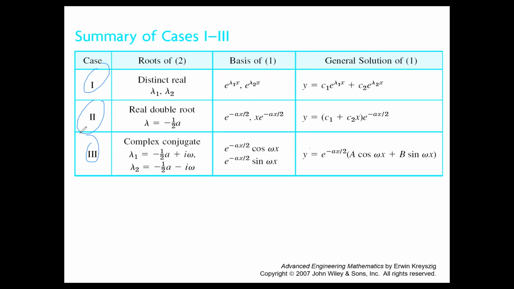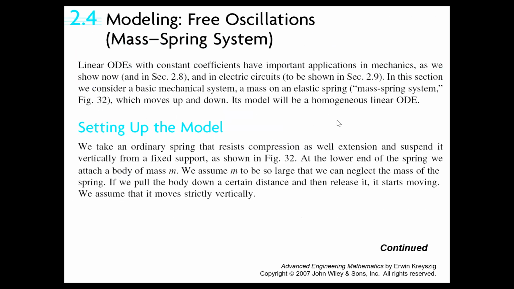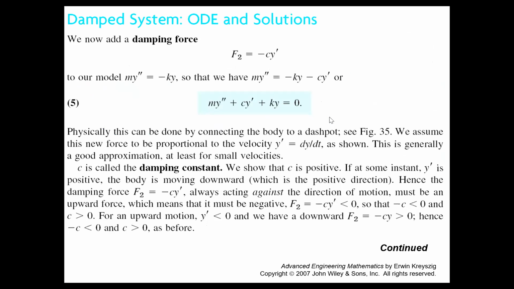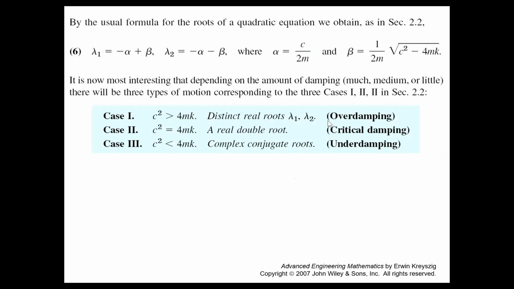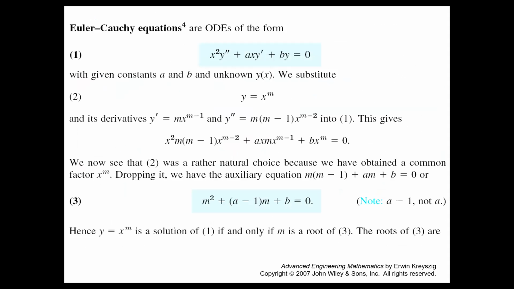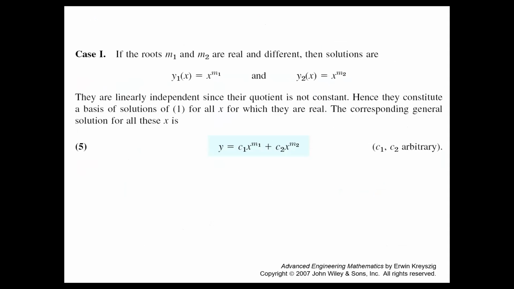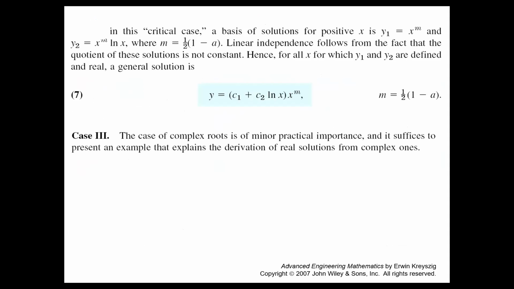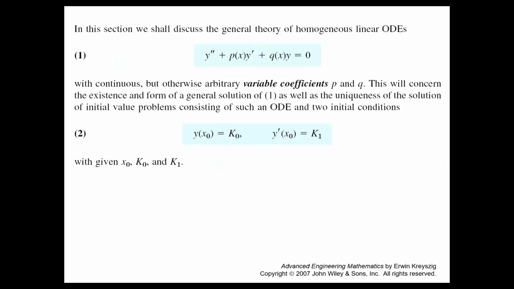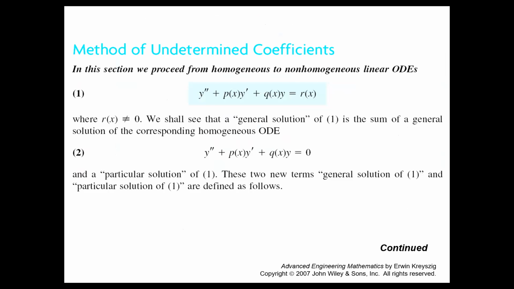And if you move forward to the more complex ones, the application is for the spring system. When you have the non-homogeneous case, but still with a constant coefficient, you have to combine the solution for the homogeneous and the non-homogeneous.